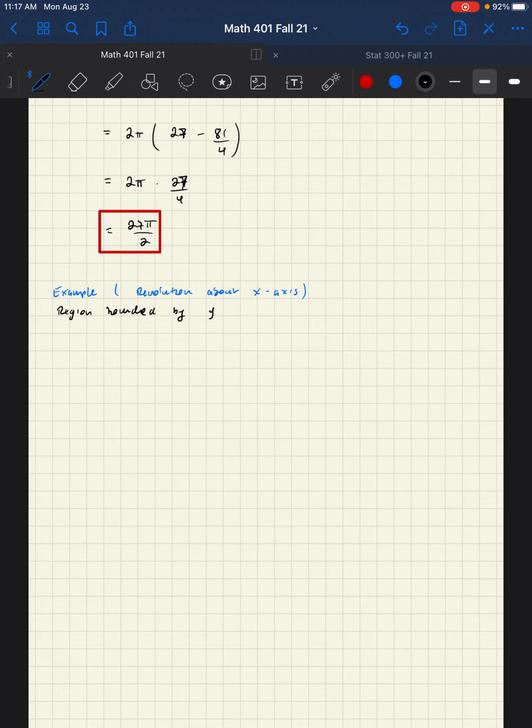What is our region bounded by? We have y equals x to the 3 halves, y equals 8, and x equals 0, and we're revolving it about the x-axis. So let's draw in the picture here.